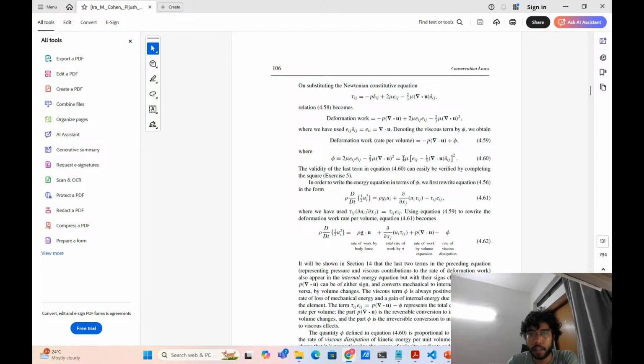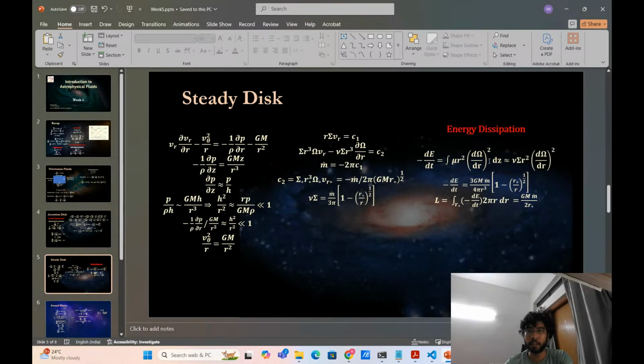So this is actually equal to mu times (Eij plus 1 by 3 del dot u delta ij) whole square. So this Eij is basically the lambda ij or del Vi by del xj. Okay. So as you can see, the work done by the viscous force is mu times (del Vi by del xj) whole square. Okay. So this is exactly what I have written.